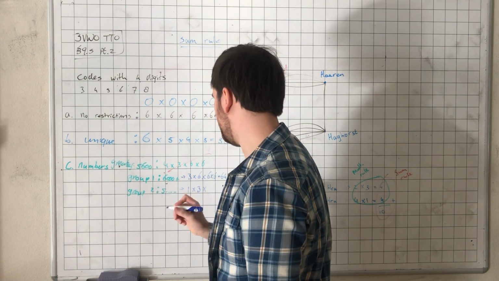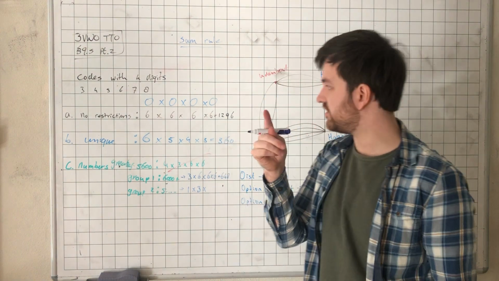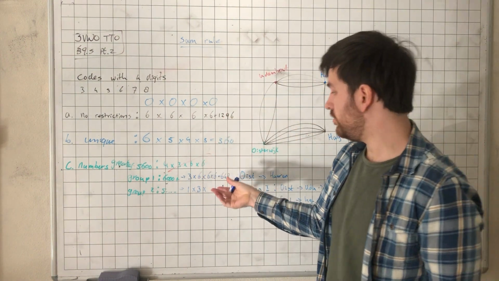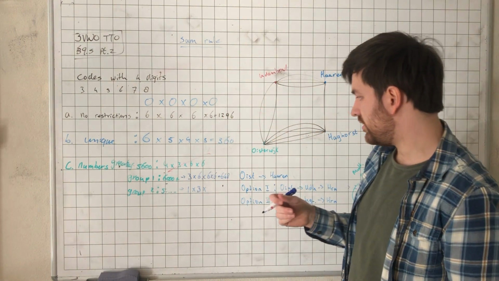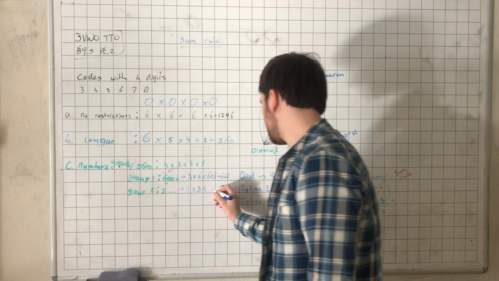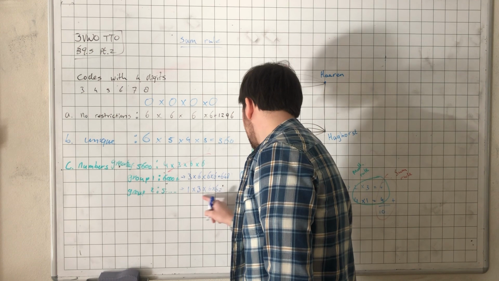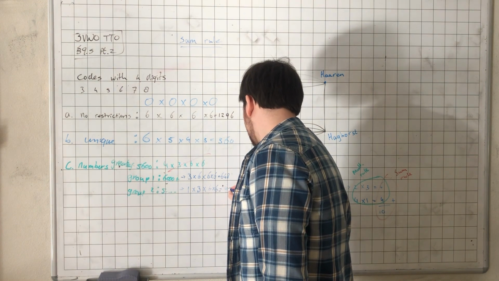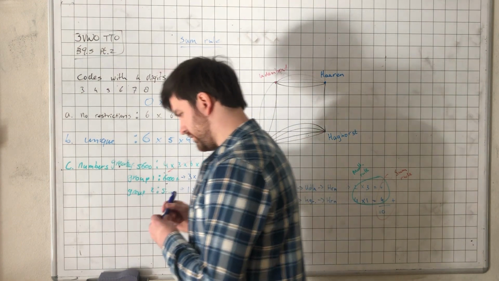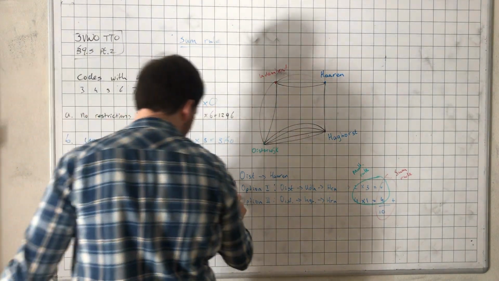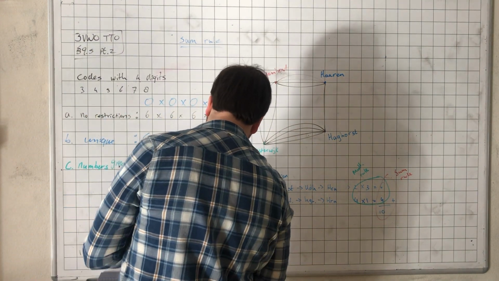Then we have no further restrictions, because if we have a 5 and a 6, then I can add whatever 2 numbers, and it's always greater than 5,600. So times 6 times 6, which is, sorry, 108.